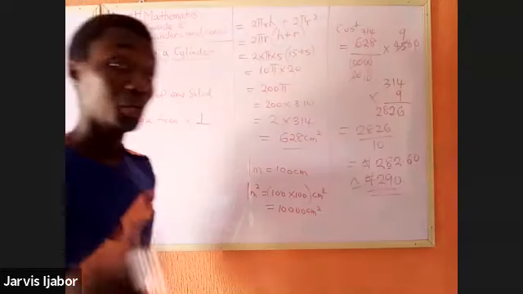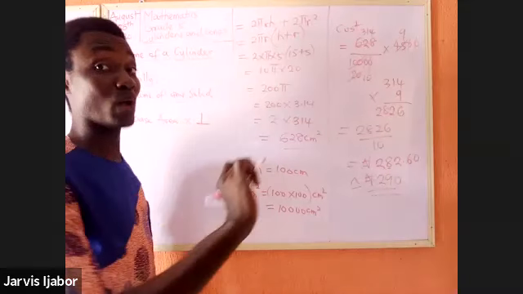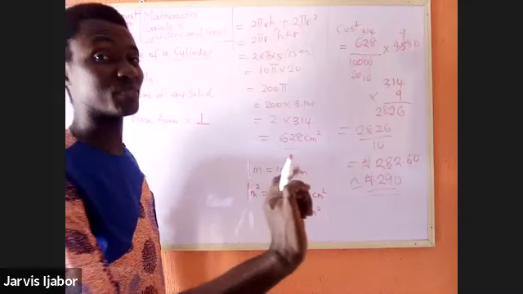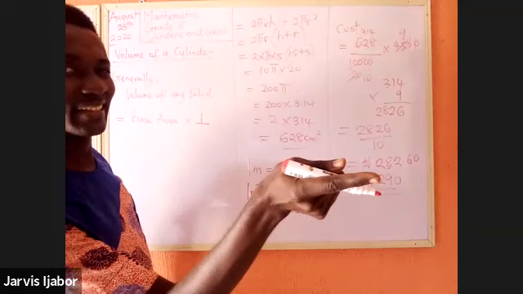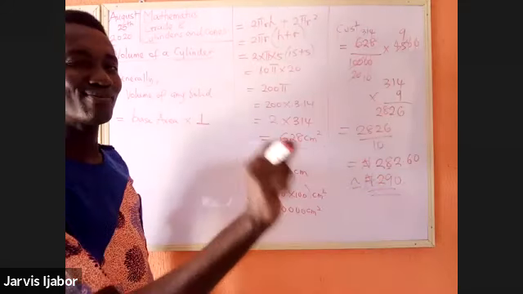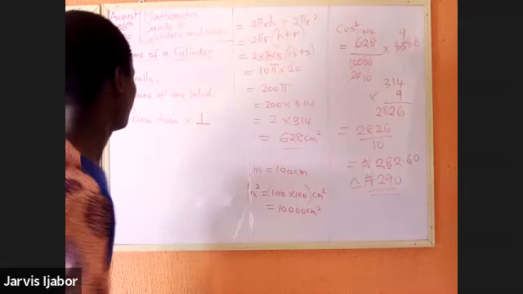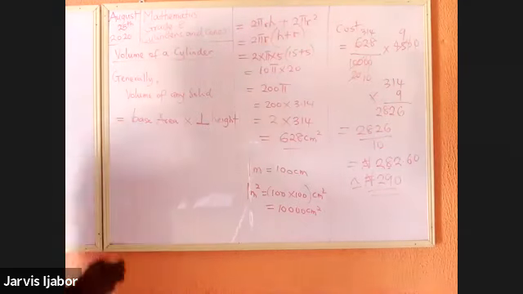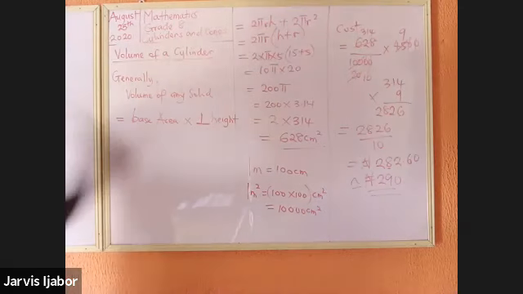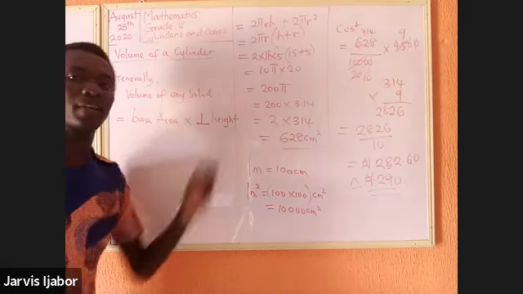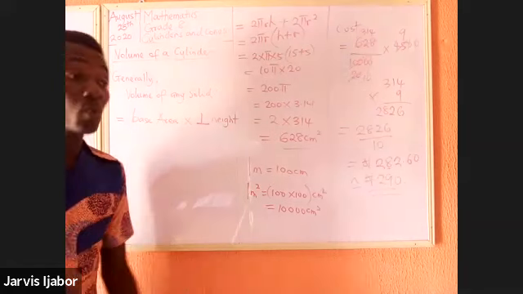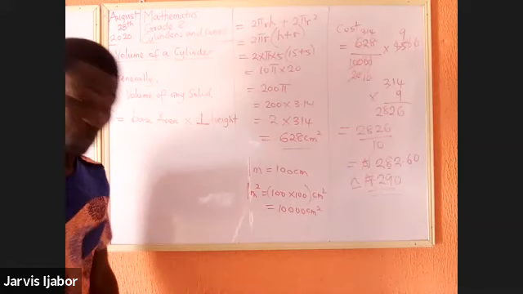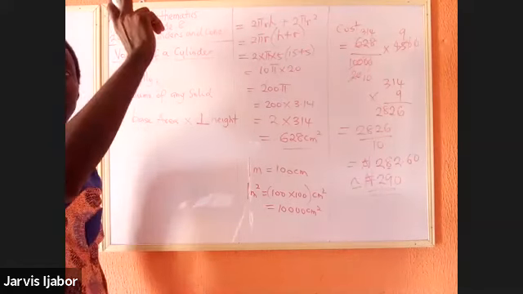Because we will soon come into another shape where you'll be hearing something like slant height. So take note of this. The volume of any solid is the base area times the perpendicular height. So if you know the base, and work out the perpendicular height, you've gotten the volume.